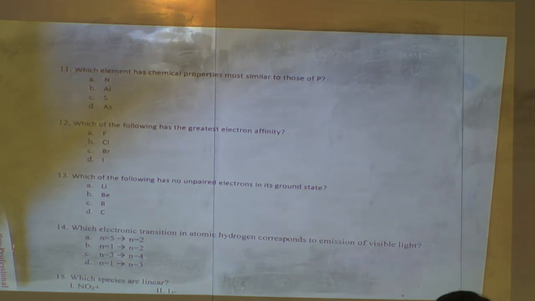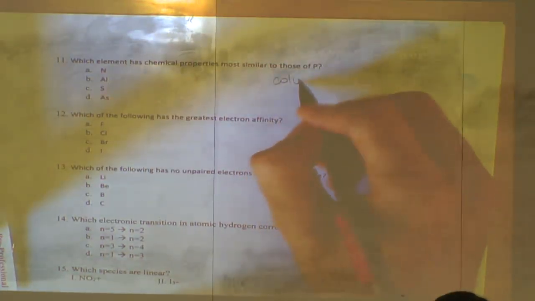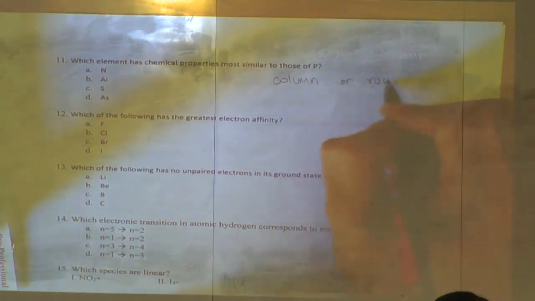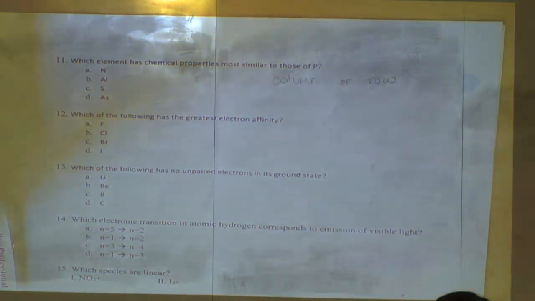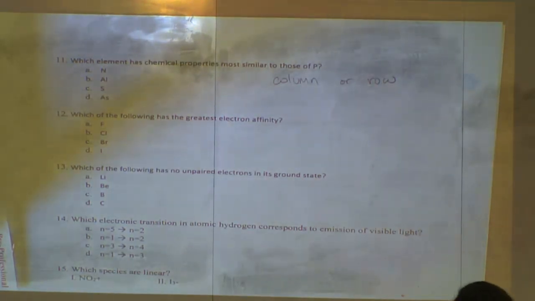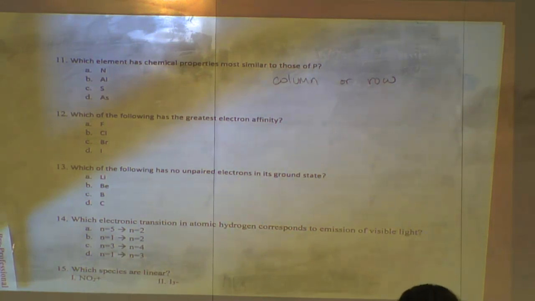All right. S is the only one in the same row. Okay, cool. But what? As well? Okay, so we got a combination here. Let's try to determine first column versus row. If you think about a row, what side of the periodic table are metals in?